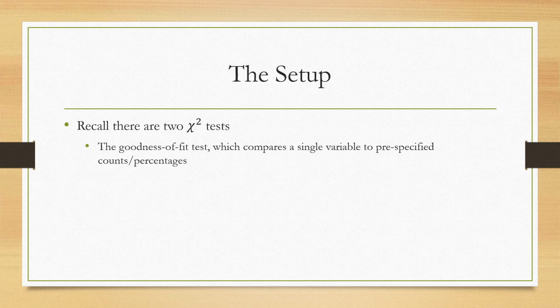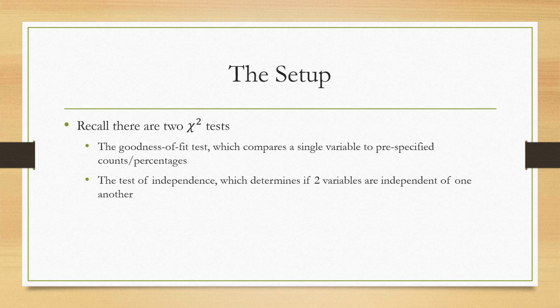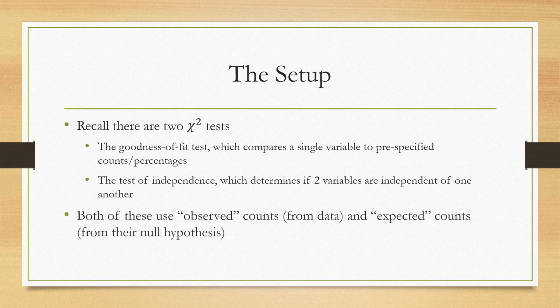And again, if it's percentages, we'll use those percentages and turn them into counts for the comparison. We also had the test of independence, which compares two different categorical variables or more and determines if they are independent of one another.